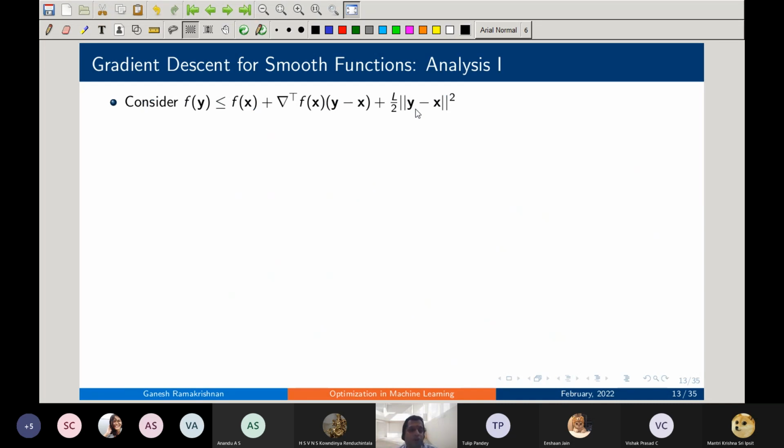Did anyone give some thought to it? How do you derive this analysis for gradient descent with smooth functions?